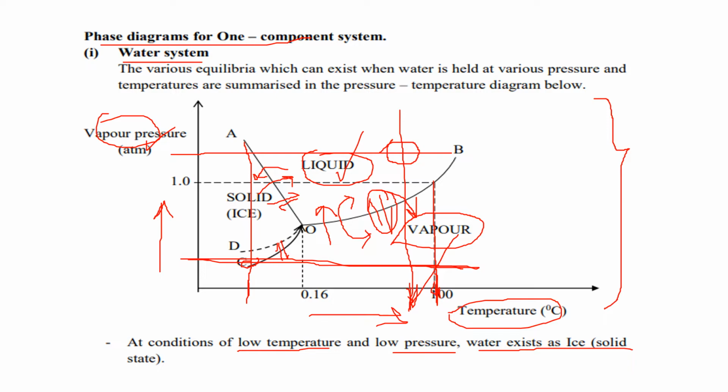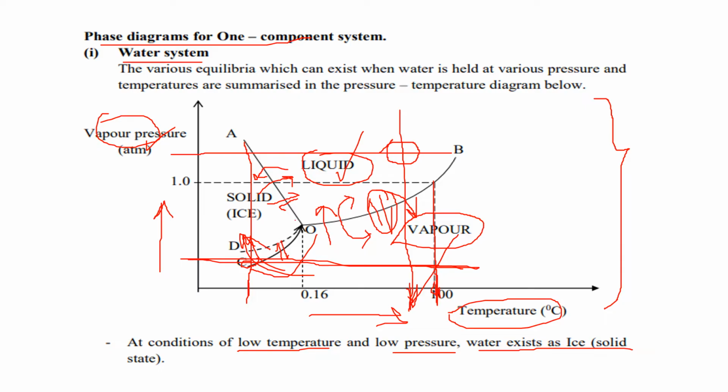And this one, curve OC, which is this one here, since we are coming from a solid to vapor, this one is called the sublimation curve. So let me hope you have understood.